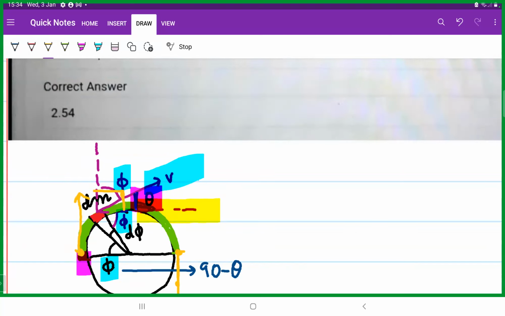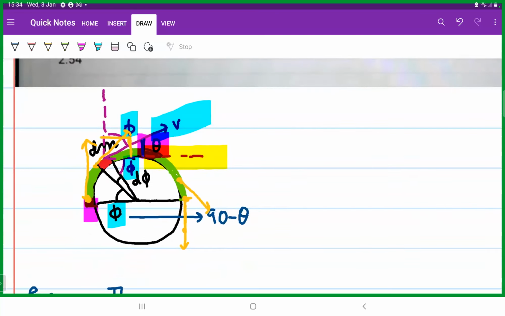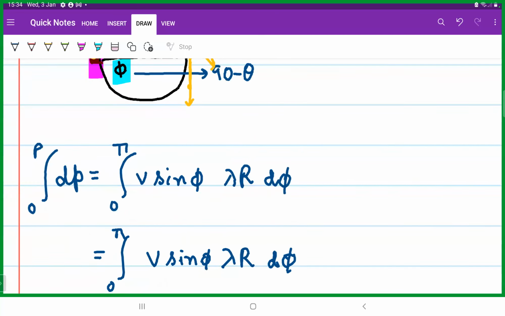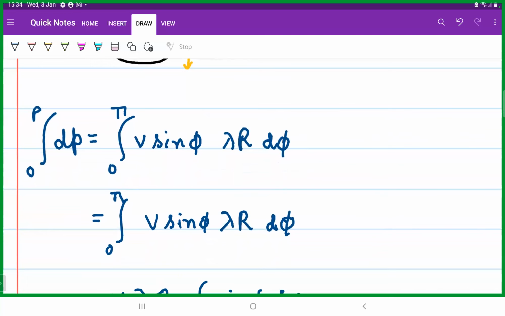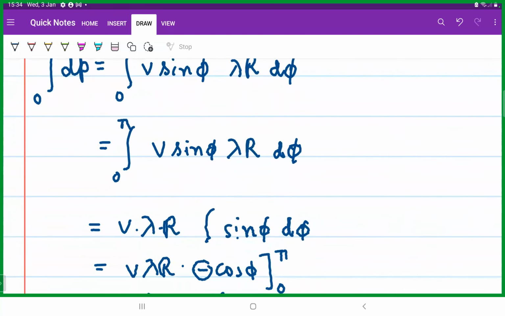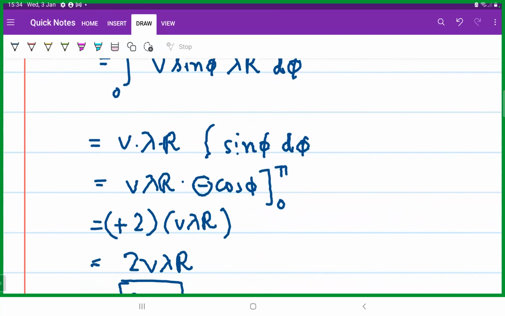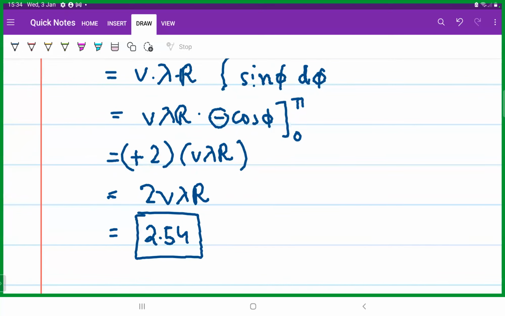It gets cancelled. Similarly, you will realize that in the y-axis everything gets cancelled. So the dp, the y value of it, will always be 0. When we integrate it, the value will be 0. So this is the answer for you, 2.54. Thank you.